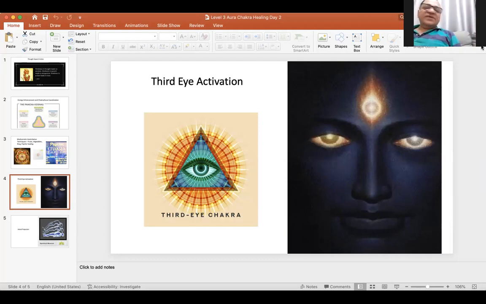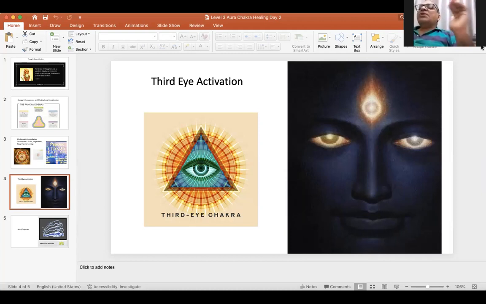So the first step is the sleeping pattern. The second step is the number of hours of sleep. And the third is the sleeping posture. How do we sleep? Do we sleep in a Shavasana way, or do we sleep in a very twisted way?